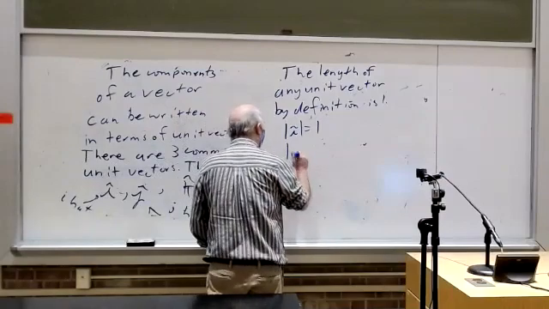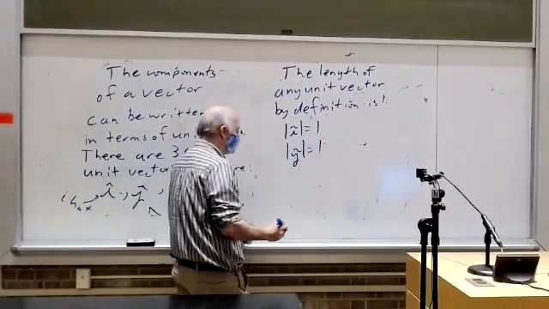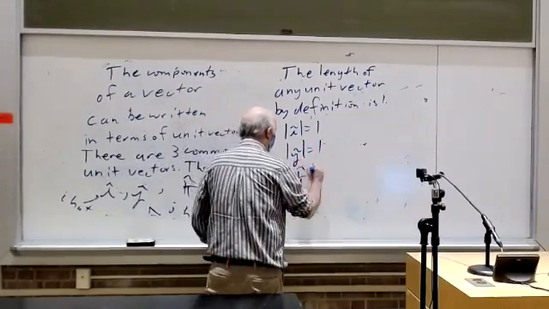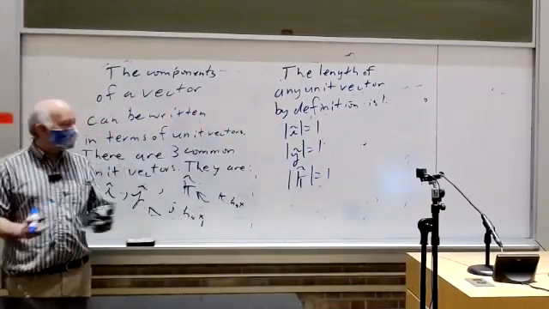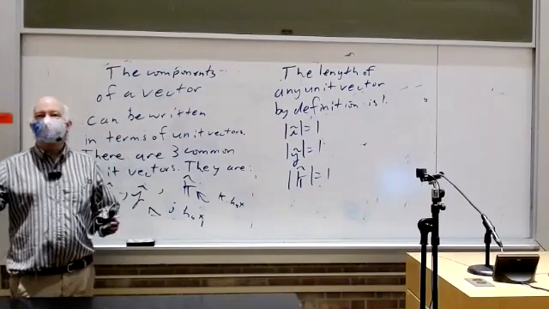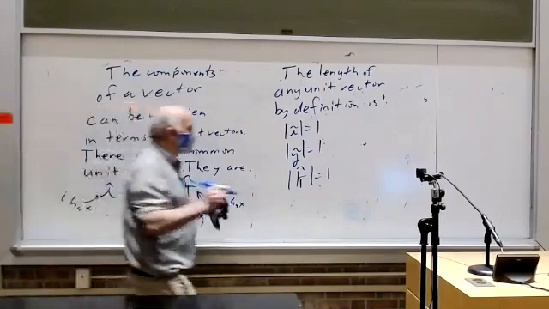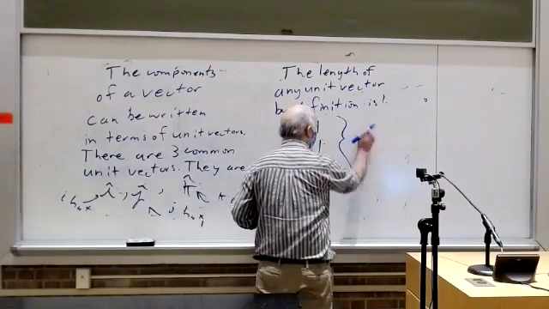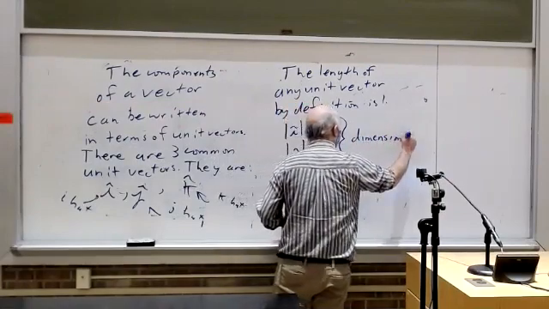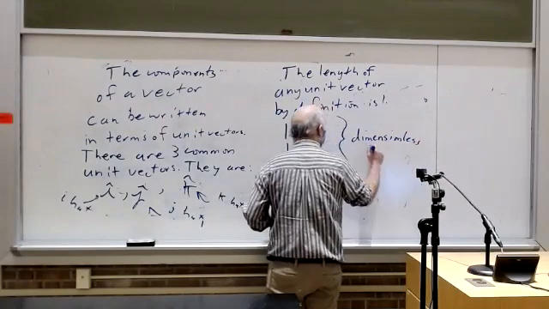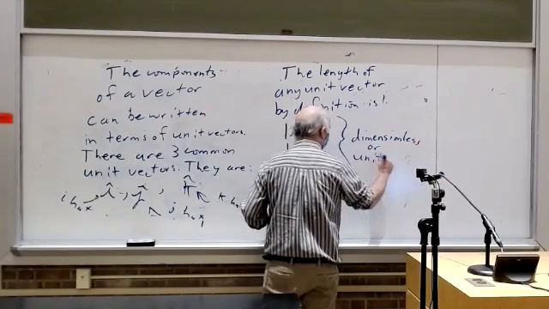The magnitude of J hat is 1. And the magnitude of K hat is 1. Okay? They also have no units. These are dimensionless. I can say they're unitless.